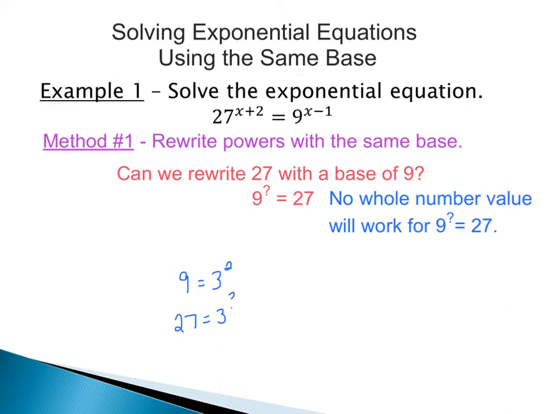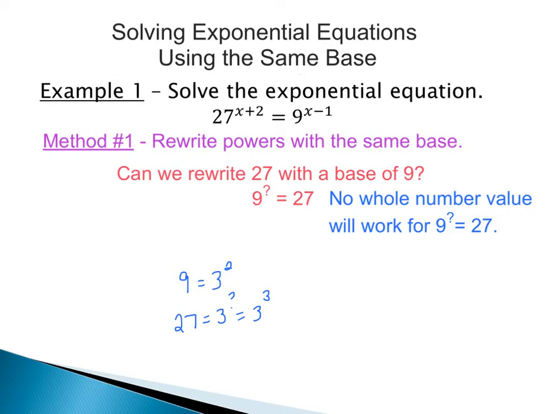Well, 3 to the first is 3, 3 to the second is 9, 3 to the third would be 3 times 3 times 3, which does give us 27. So I can rewrite 27 as 3 to the third. So rewriting 9 as 3 squared and 27 as 3 to the third means that we can rewrite this exponential equation with the same base of 3.